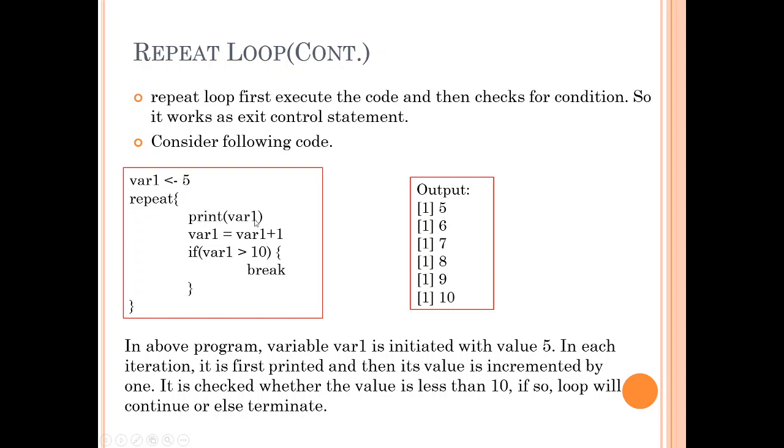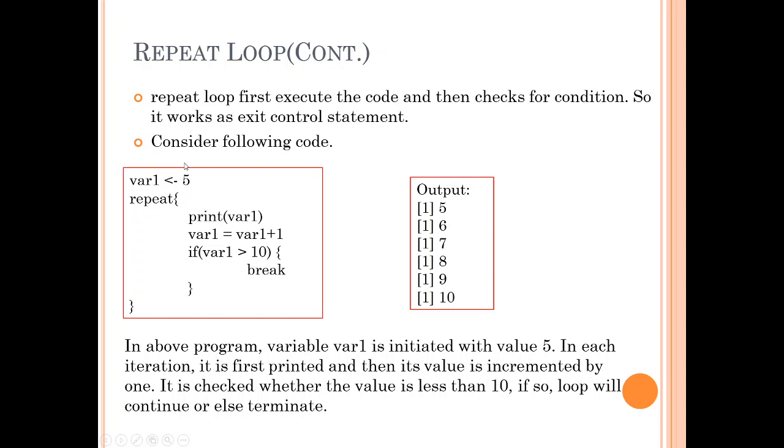It would have been printed and then incremented by 1, and then when the condition is checked, it will become true because 16 is greater than 10, and in that case we could use the break statement to come out of the loop, but still for once we had printed the result.